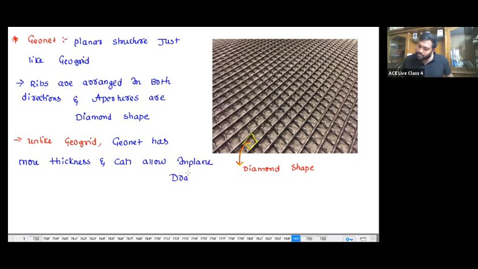So the major function of the GeoNet is simply drainage. Here the function is drainage.